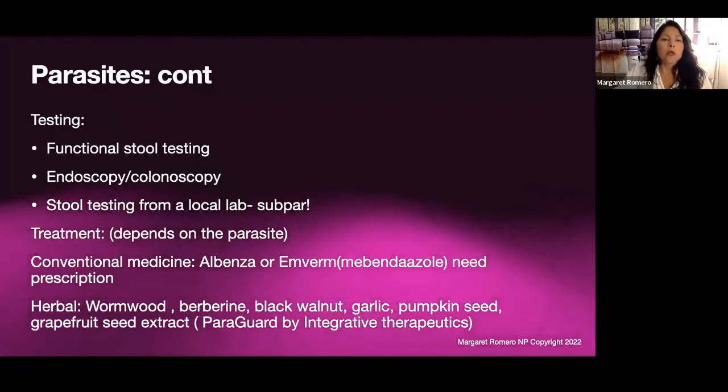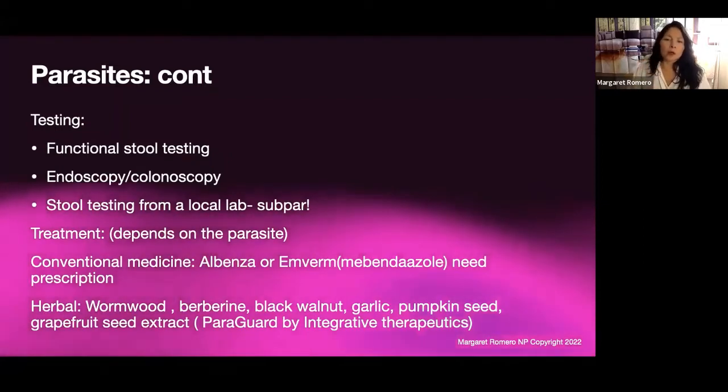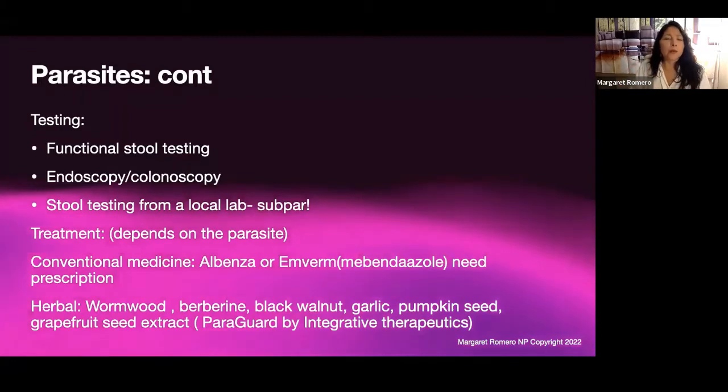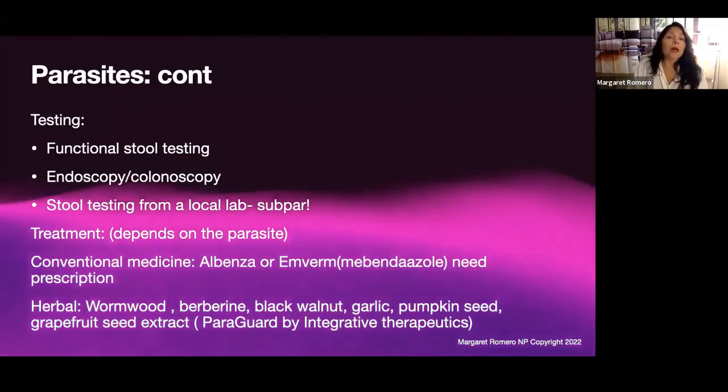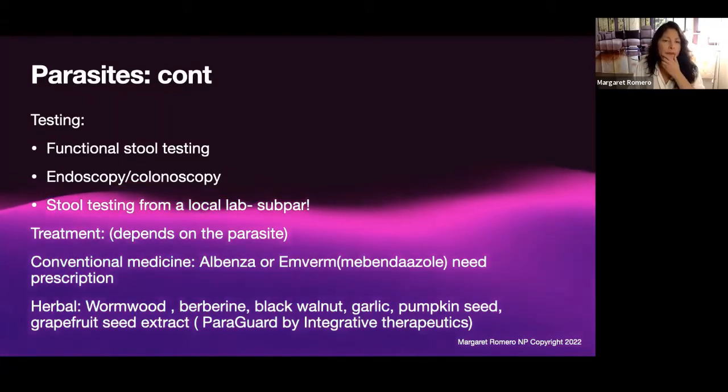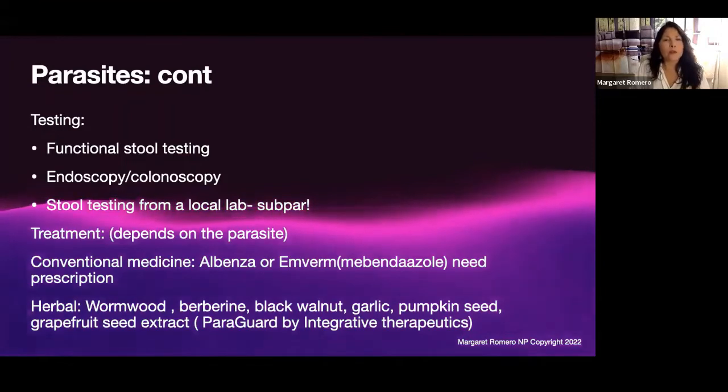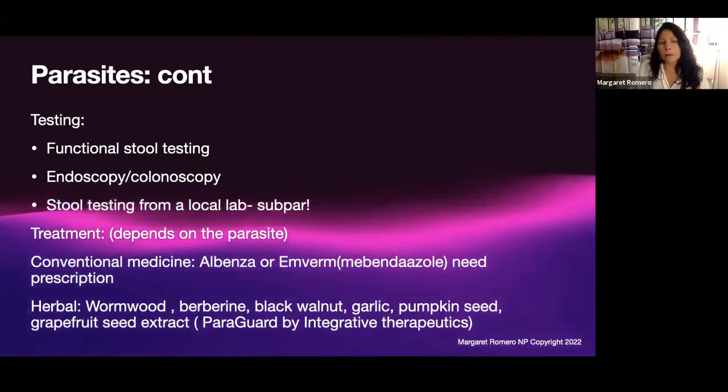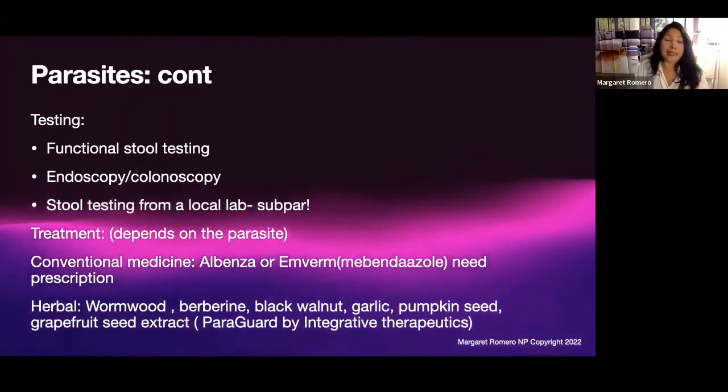For herbals, wormwood, berberine, black walnut, garlic, pumpkin seed, grapefruit seed extract. Paragard from Integrative Therapeutics is a really nice blend. You can try that. If you're going to be doing it this way, I would say you have to do it for 4 to 6 weeks at least.